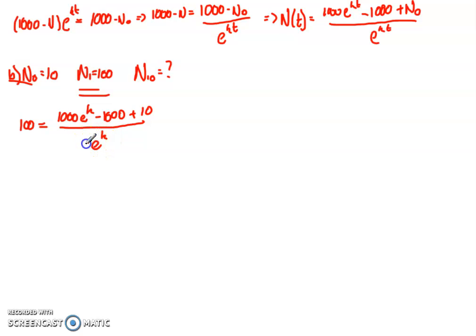Now if I multiply e to the k up to there, I get rid of it as a denominator. What I'm then going to do is get everything with an e to the k on one side, everything without an e to the k on the other side. What that then ends up giving me is 1000 e to the k, take away 100 e to the k, equals 1000 minus 10.